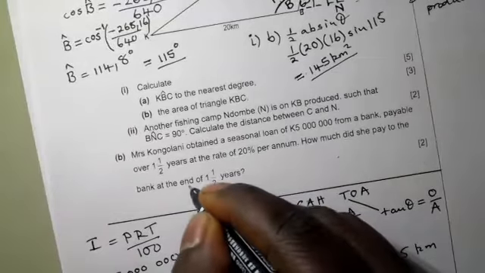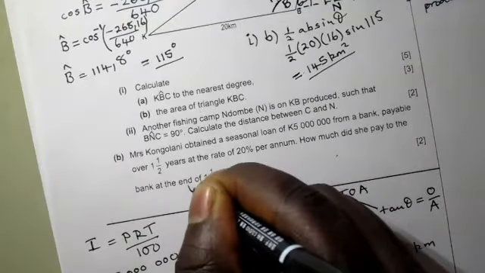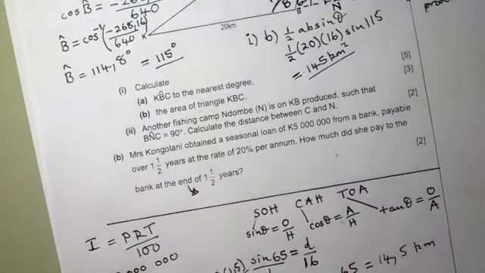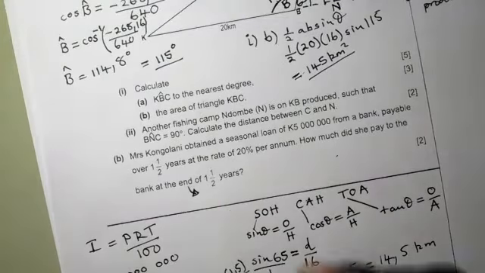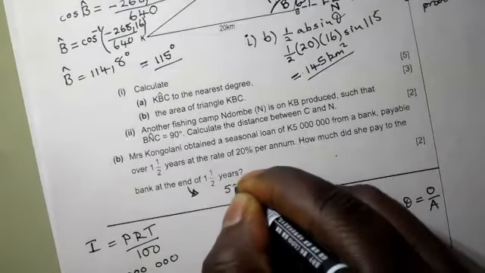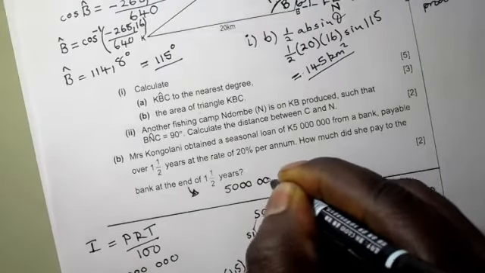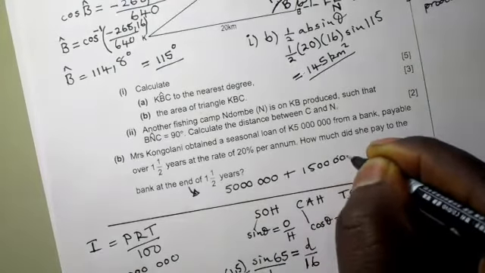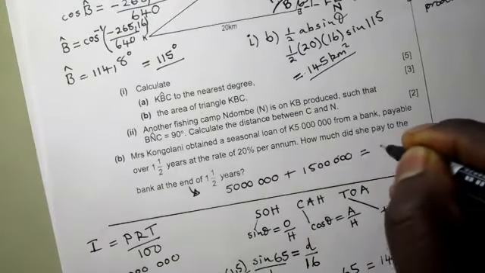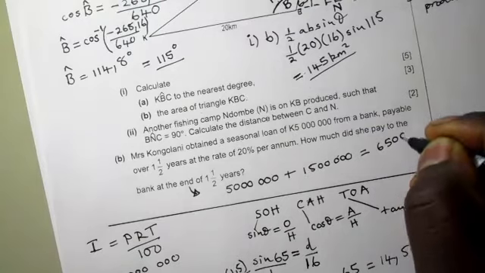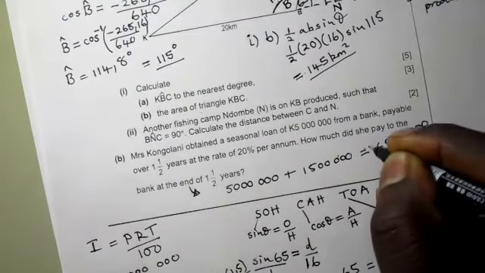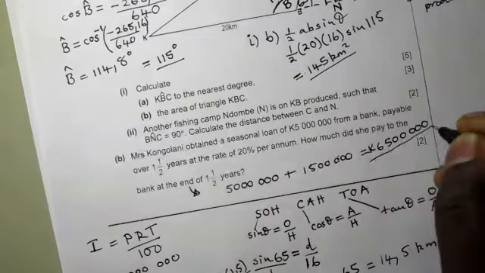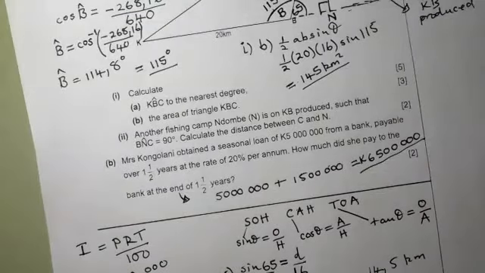So the amount she is going to pay to the bank at the end of the period is interest plus principal. So the principal was 5 million to be added to interest of 1.5 million, so that you obtain 6.5 million kwacha. So 6.5 million kwacha is the amount that Mrs. Kongolani is going to pay back to the bank. I hope you are focusing, class.